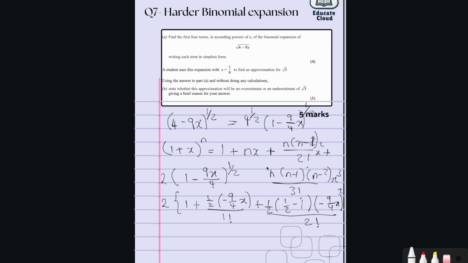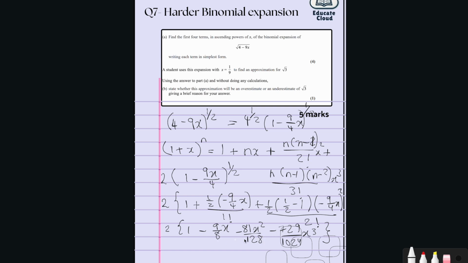So the next one will be a half times a half minus 1 times a half minus 2 times minus 9 over 4 x cubed over 3 factorial, and then when we expand it, you get 1 minus 9 over 8 x minus 81 x squared over 128 minus 729 x cubed over 1024.